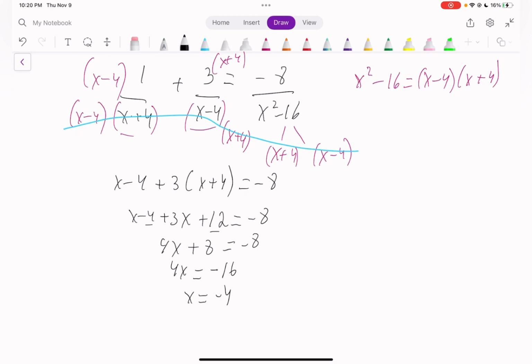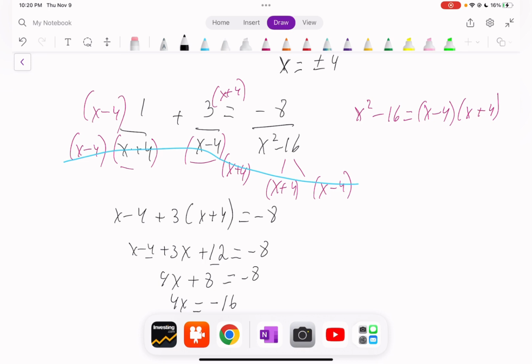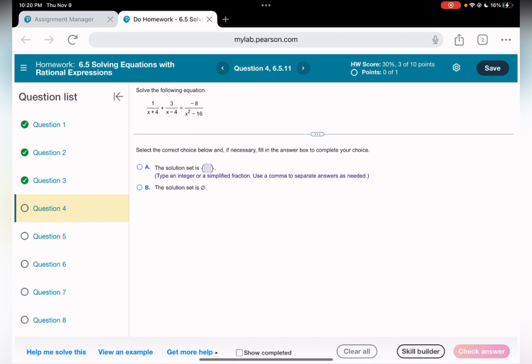Okay. Let me double check. I think I don't like the way I got it. Hold on. 1 plus x plus 4 plus 3x minus 4 equal negative 8. x plus 4, 3x minus 4, negative 8, x squared minus 16.